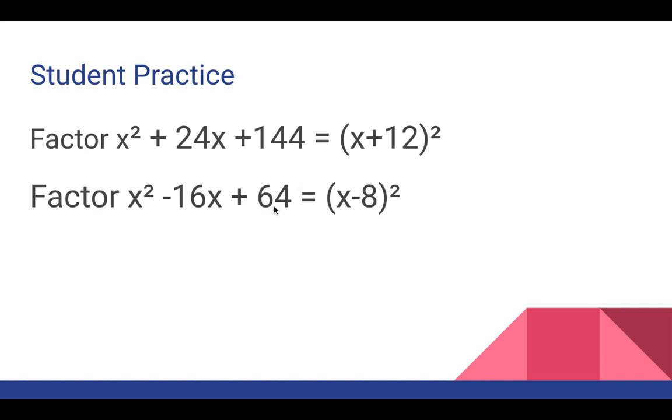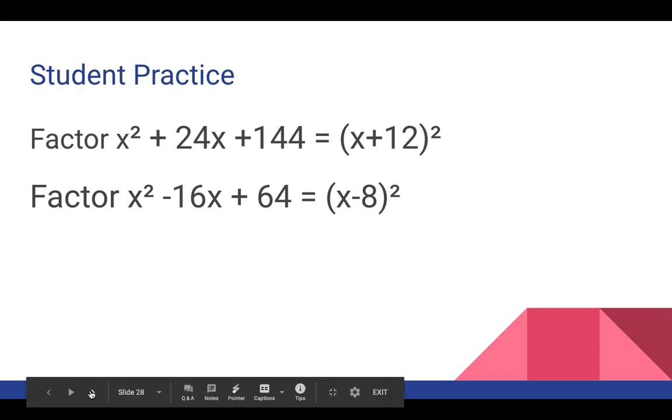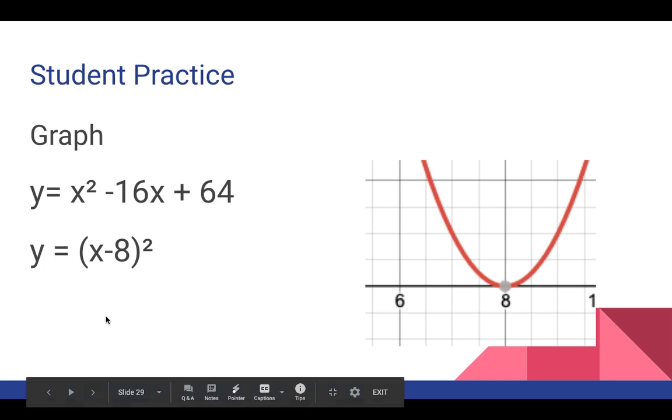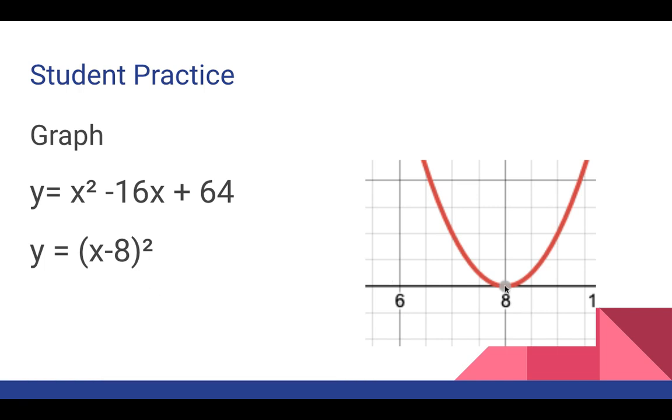The square root of 64 is 8 or -8. So -8 plus -8 is equal to -16. So those are the factors. If we graphed it, we would notice that it only has one x-intercept, and that's at +8.